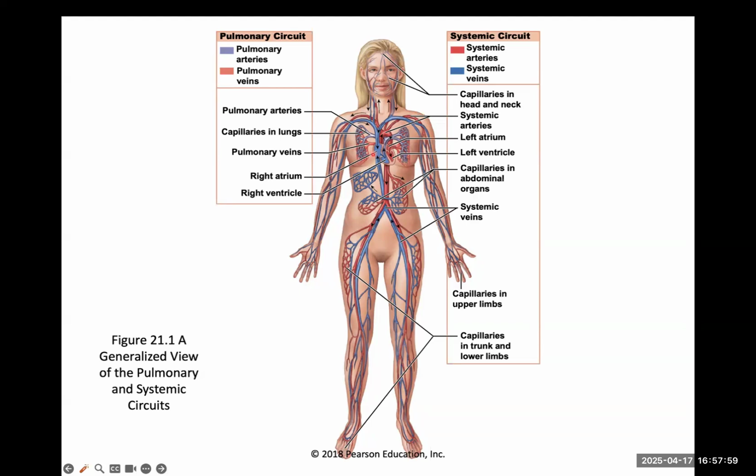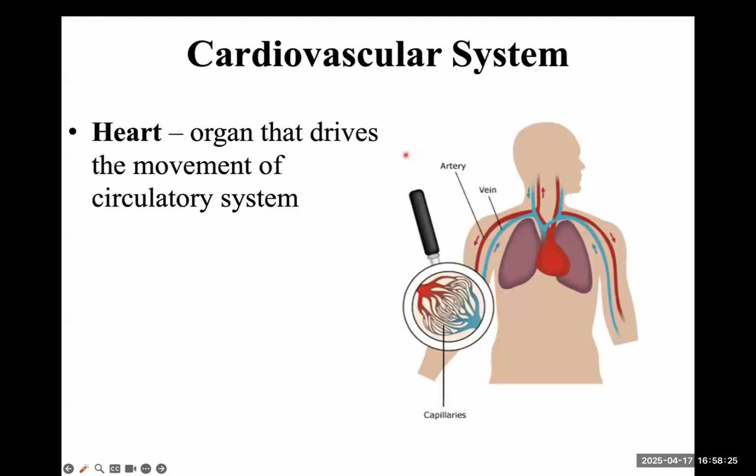It's pushed a little bit to the left side, next to the lungs. You can see in this picture the colors: major veins are showing blue and major arteries are showing red. We will go through that when we get to the blood vessels chapter.